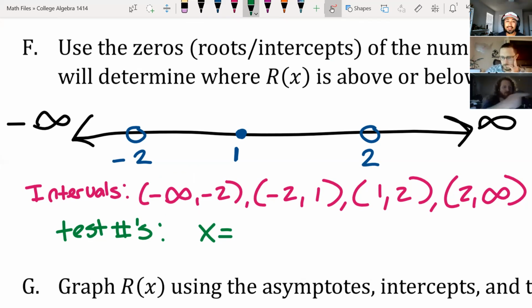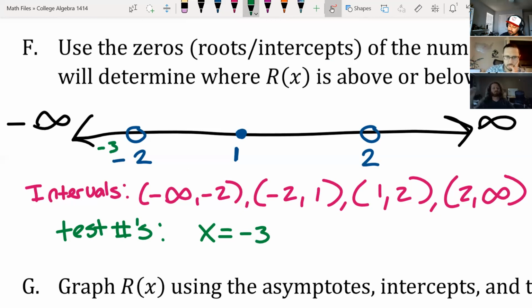Has to be in the interval. You're going to the left. What's something going left of -2? More negative. -3. There you go. -3 fits in this interval. So this would be where -3 is.